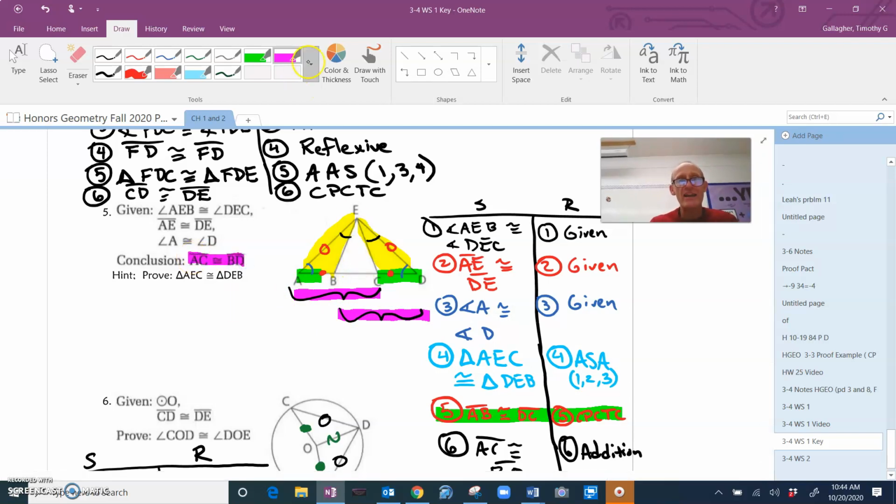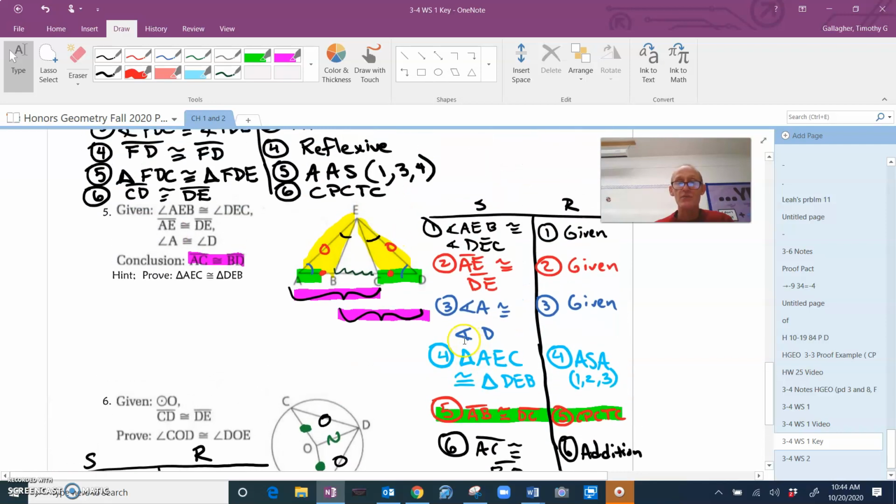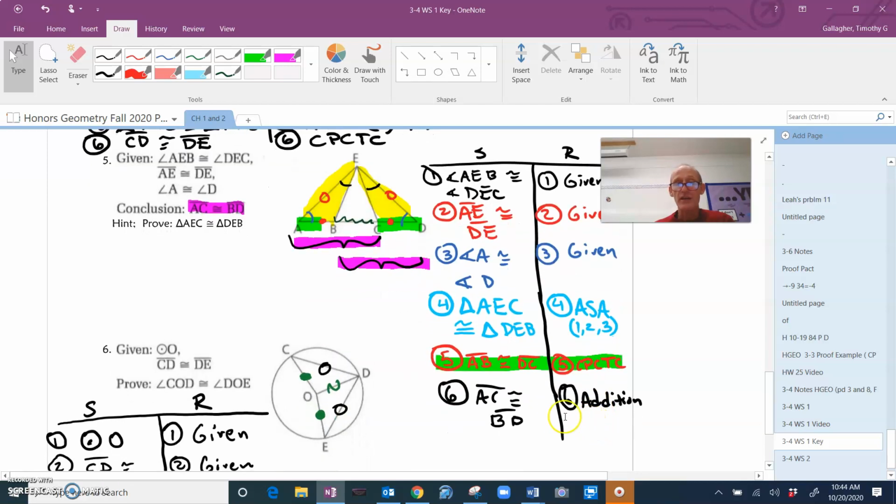It's because we're adding this segment here to these two congruent segments. So problem number 5, you got to lay it out, all right, and read the answers there and see if you can get it, but it's a little tricky. But it is addition down here. See the addition property? All right, so one more step after CPCTC.